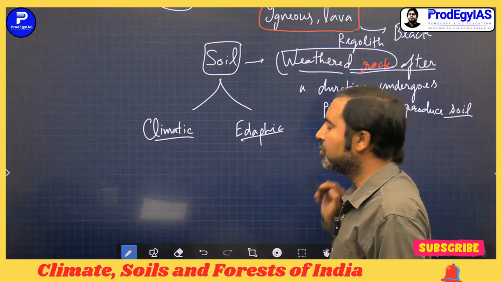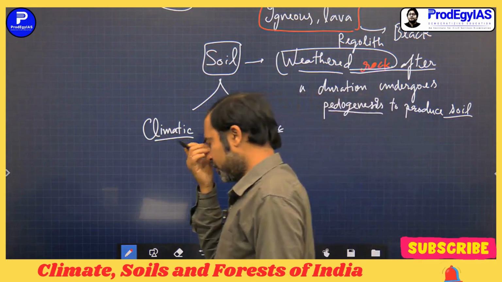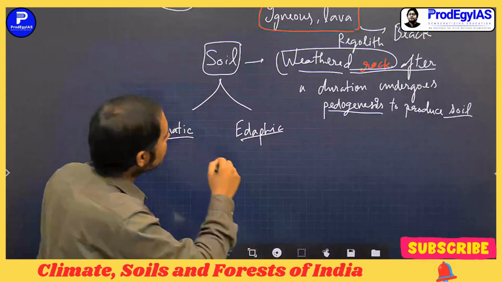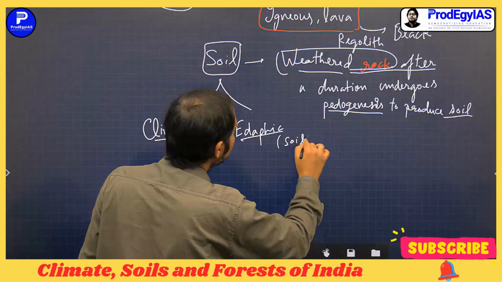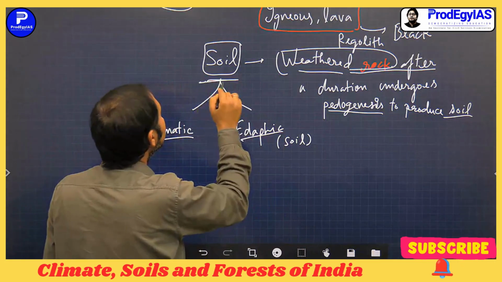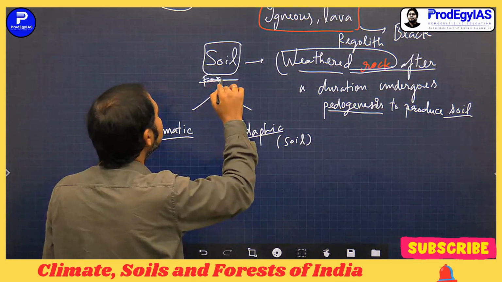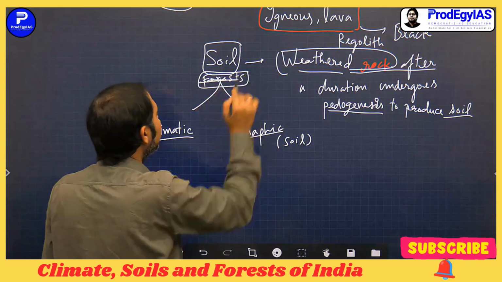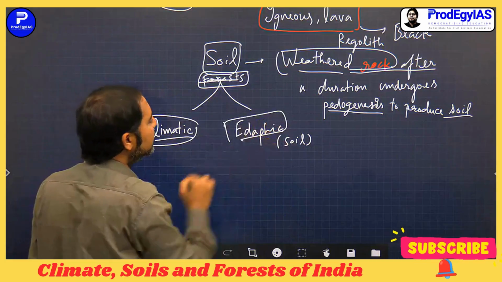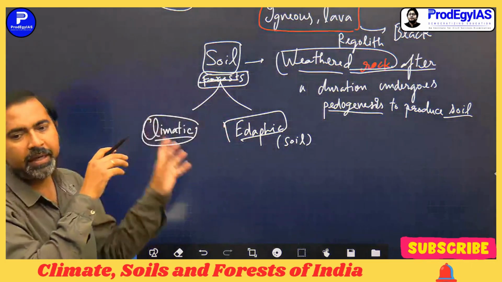Edaphic means related to soil. It is not soil, it is vegetation. I am talking about forest. Means forests are mainly of two types. Means in that way all are connected.